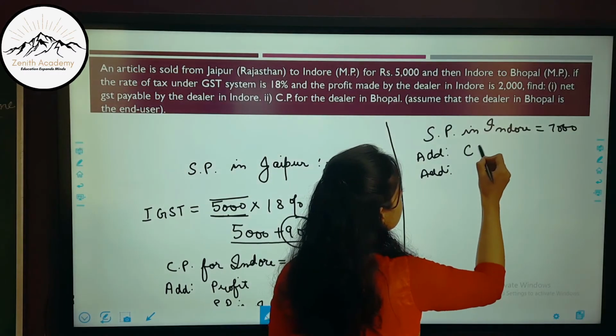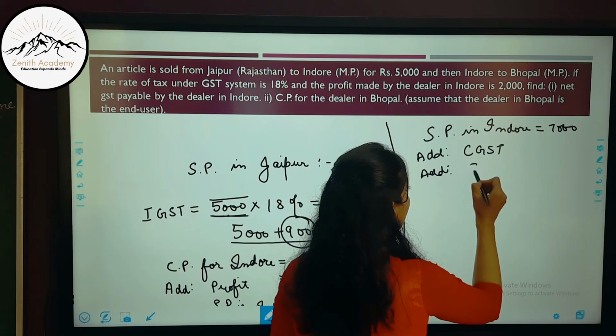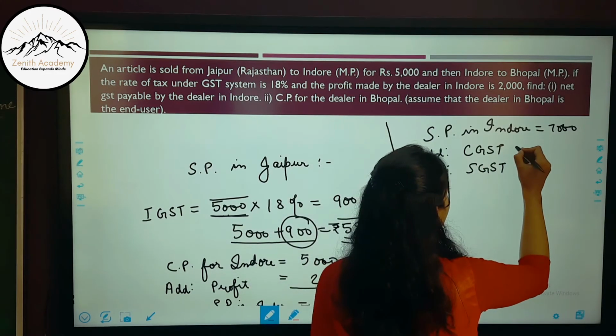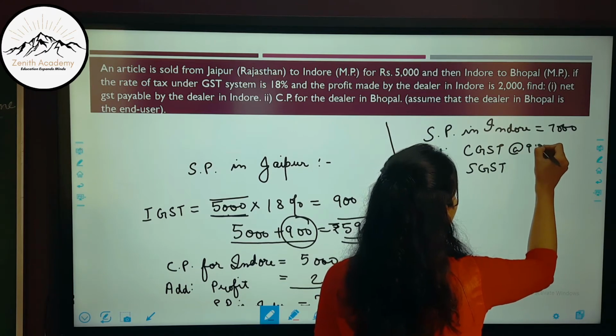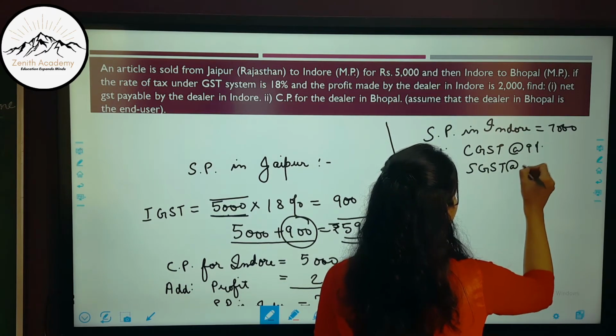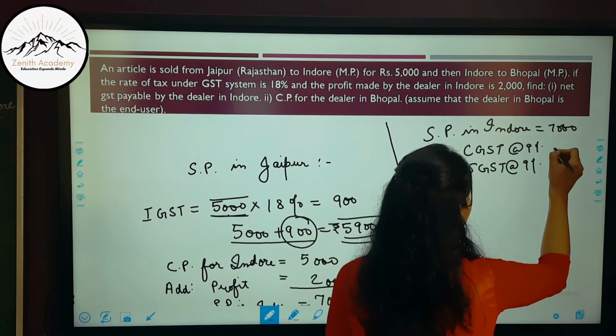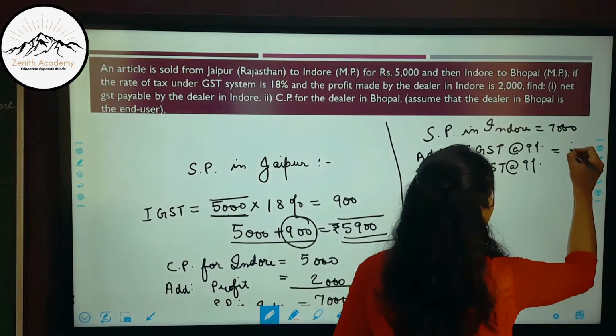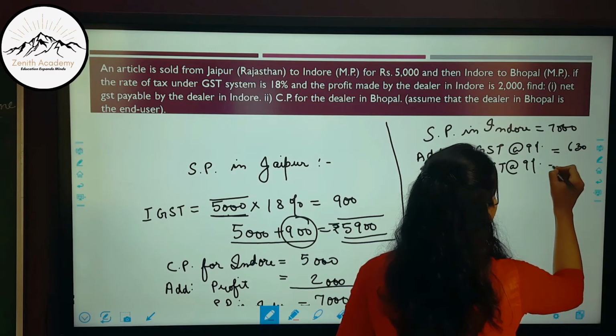We will have CGST and SGST as the components of GST. They both will be at the rate 9%. So what is 9% of 7,000? 630.